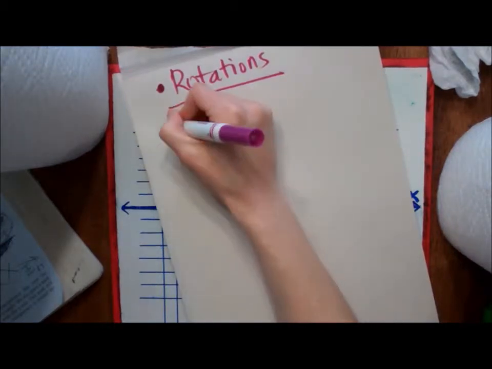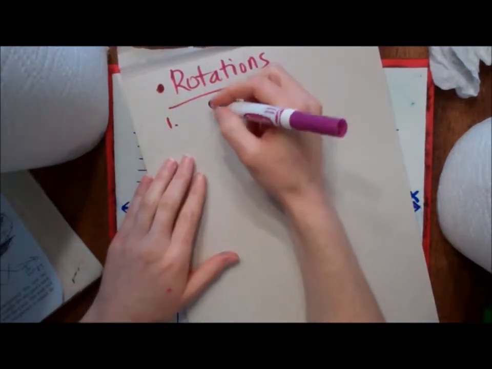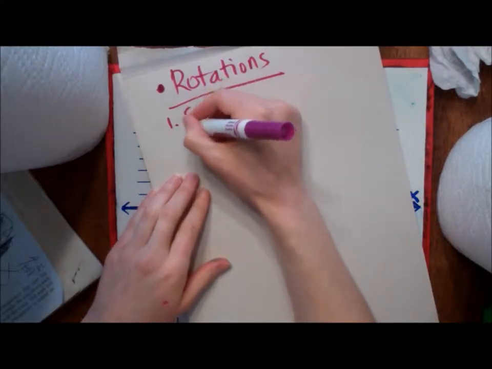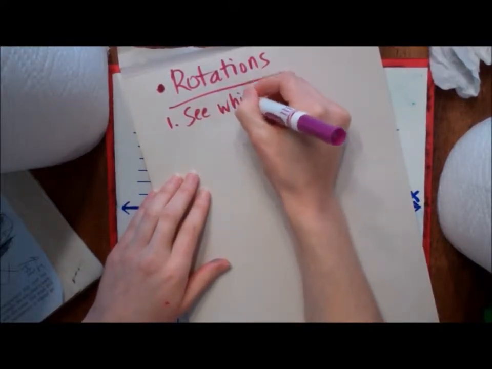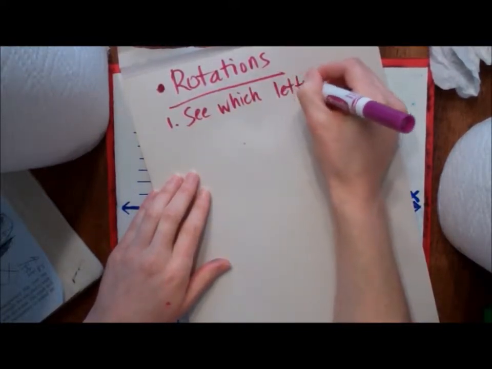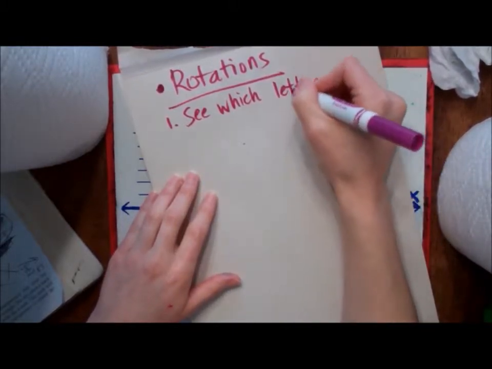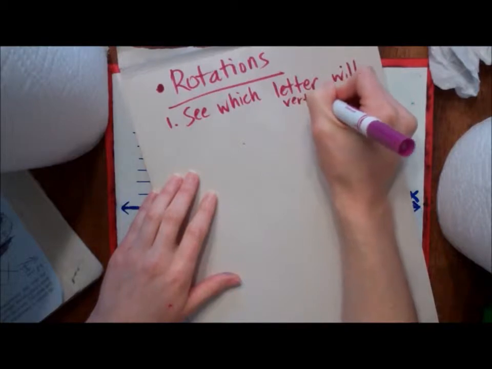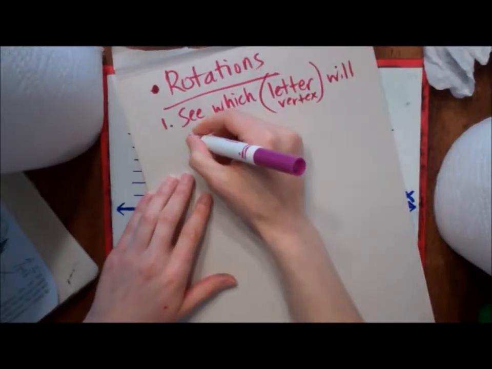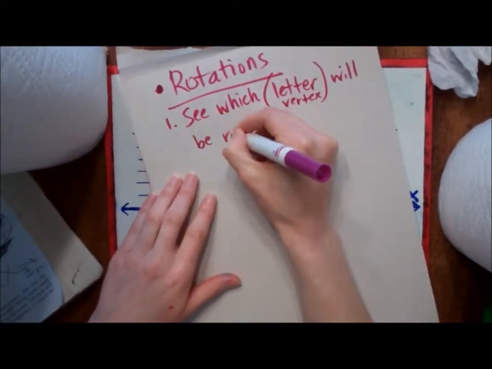The first step you're going to take with rotations is you're going to see which letter, A, B, C, D, whatever you're doing, will be rotating. Which letter of the vertex, let me write that down, vertex, will be rotating.